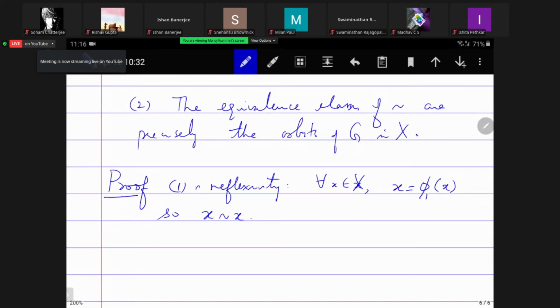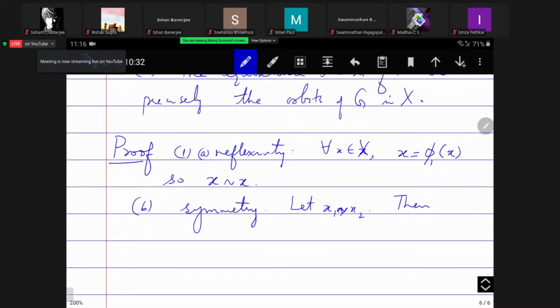So this is A. B, symmetry. Let x1 and x2 be related. Then there exists g inside G such that x2 is phi g of x1.